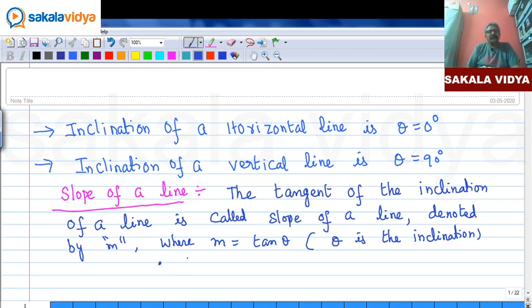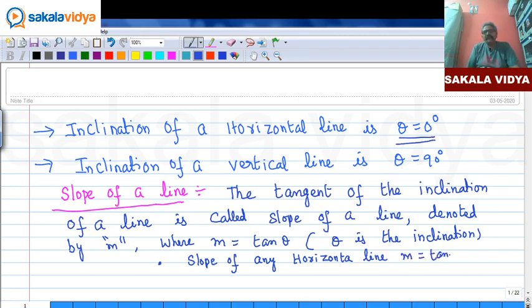So, now we can write some important points here. For example, the slope of any horizontal line: what is the inclination of the horizontal line? Theta is equal to 0 degrees. So, m is equal to tan 0 degrees, that is equal to 0.